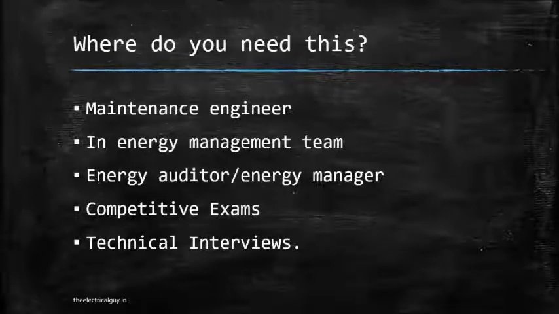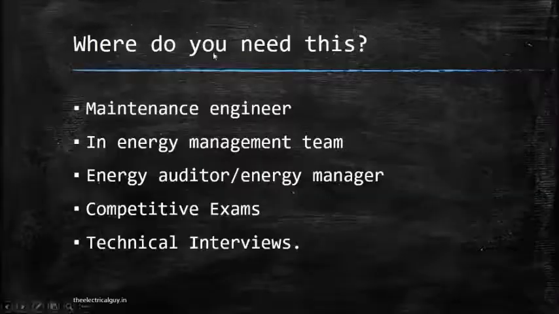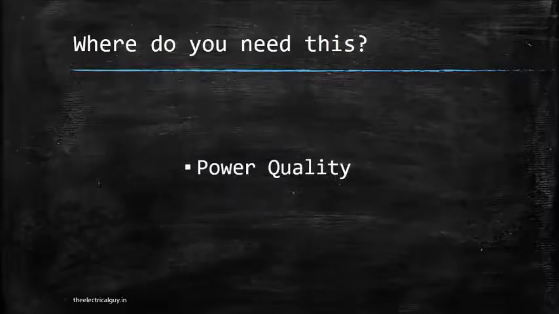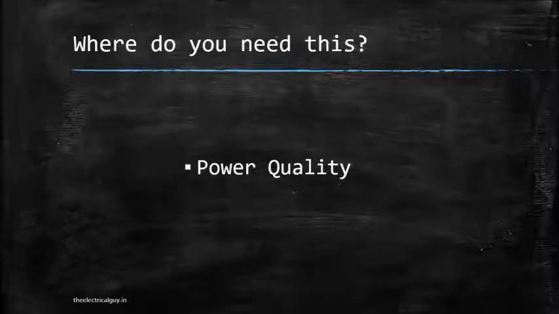We will be focusing on what industry expects from an electrical engineer in this video. So I would request you to watch this video with full concentration. If you are also studying power quality, then you will need this topic because it is directly related to the quantities of power in the power system. If you're interested in what power quality is, then this topic will help you understand it more easily.